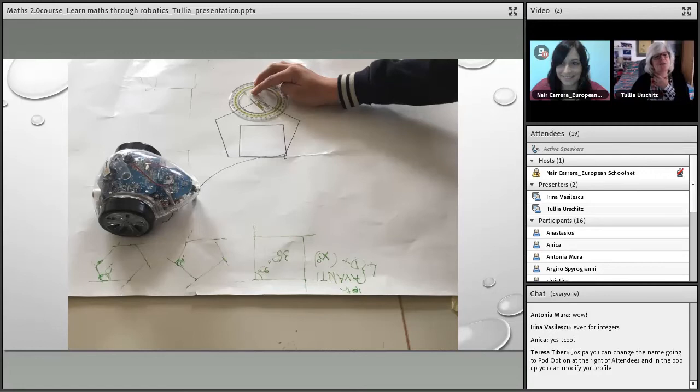I don't know if someone else had the same experience I had. Working with geometry and with angles, when you arrive to explain the sum of the inner angles of a polygon, students have some difficulties in understanding how many degrees the robot has to move to make a complete turn.